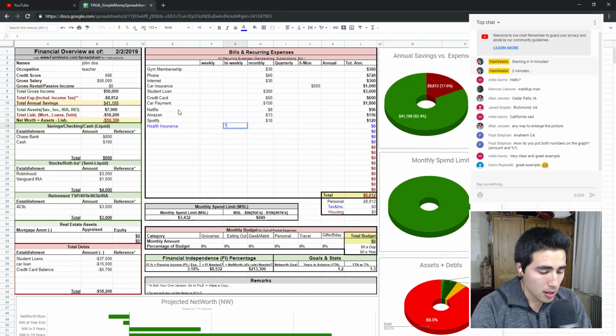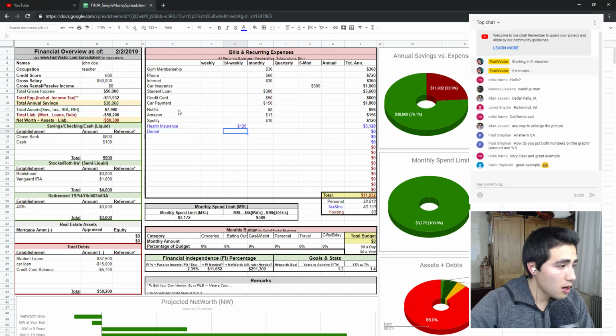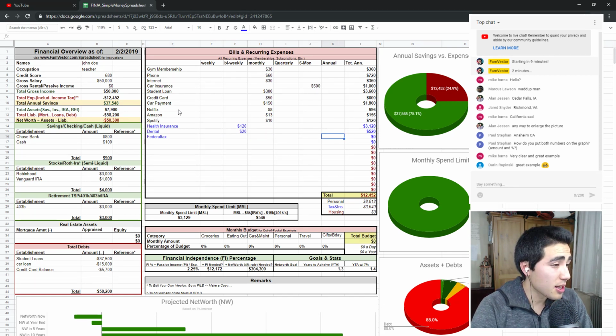of maybe pays out of his paycheck twice a week, gets paid twice a week. His estimated income tax. Let's put dental. He has dental insurance of $20. And federal taxes and state taxes of $6,000 a year.